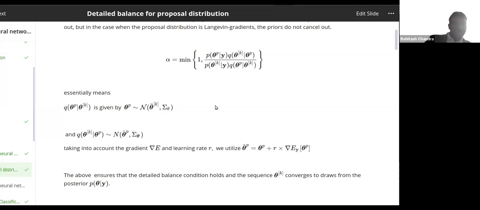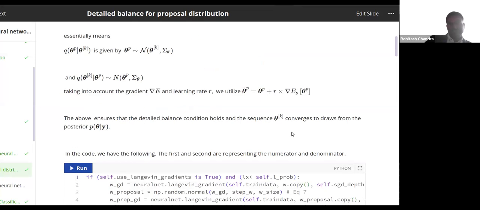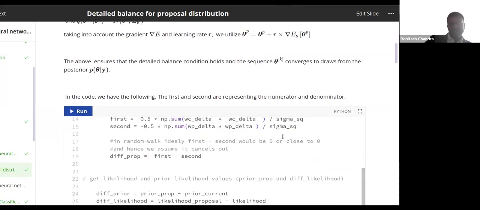And we are drawing from the distribution, taking the Q bar, which is the gradient-based weight update of the current, and then there's the gradient weight update of the proposed. The covariance, so the step size, remains the same, and we take them into account, and then we compute this.